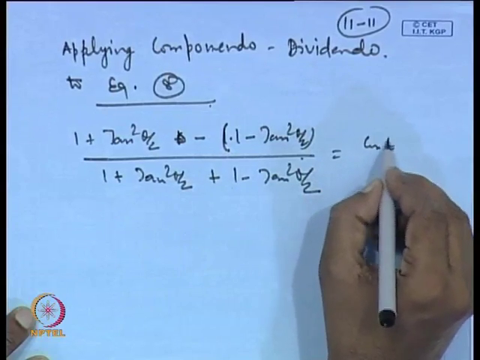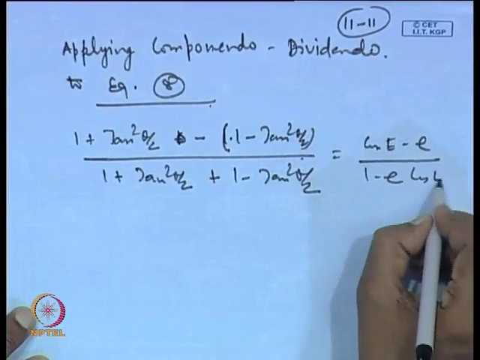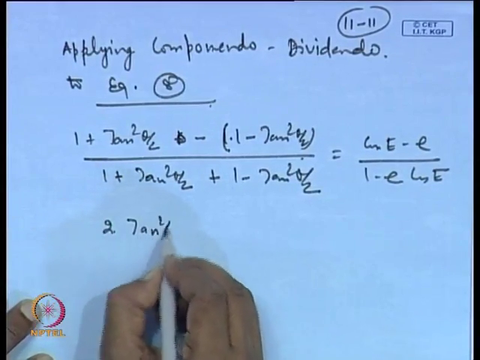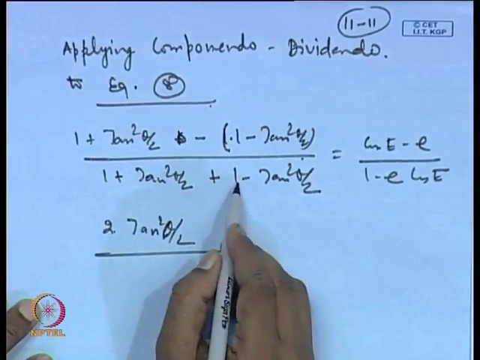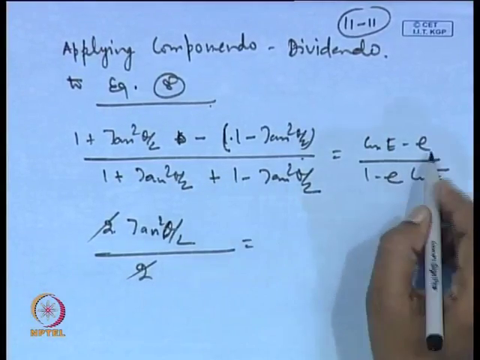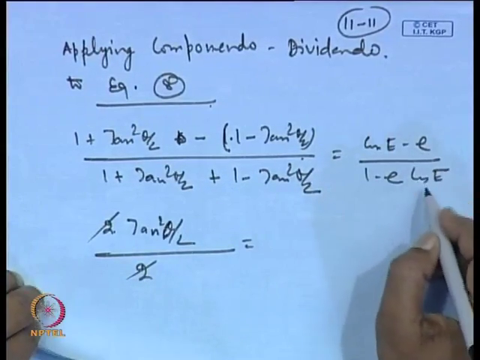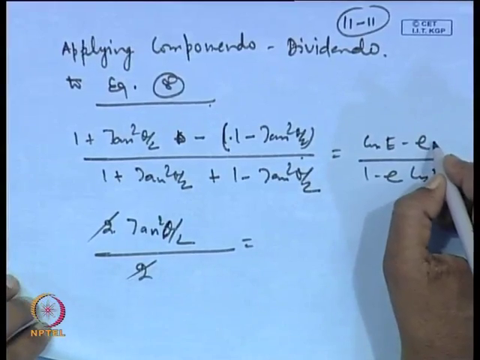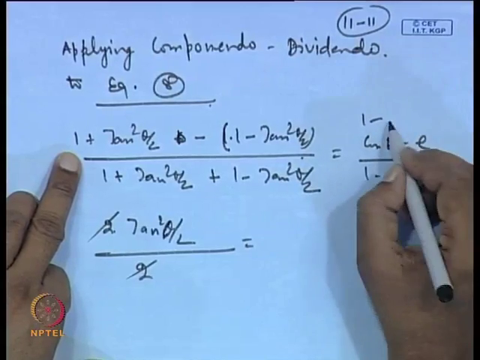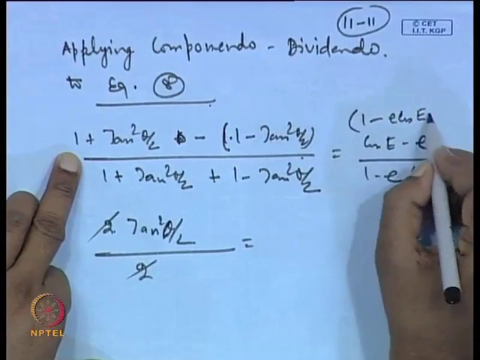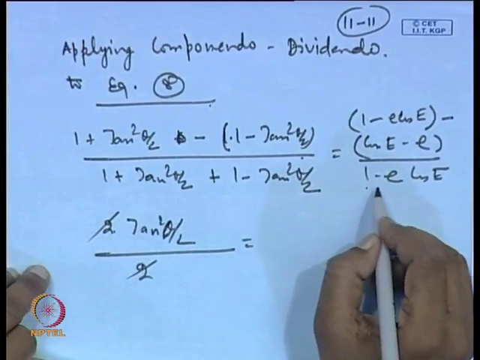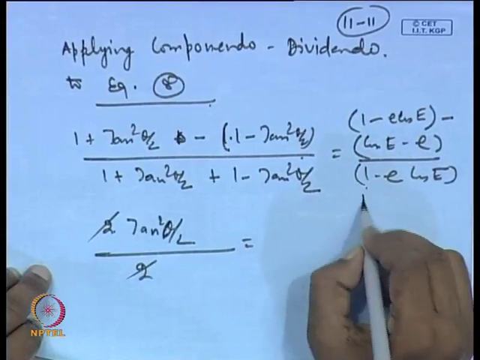This becomes cos e minus e by 1 minus e cos e. So, this will give us 2 tan square theta by 2 divided by 2. So, we can cancel it out, and similarly on the right hand side also we have to apply componendo dividendo. So, here we are missing those terms, so I will write it here. This will be 1 minus e cos e minus this quantity, and then this quantity, and plus.